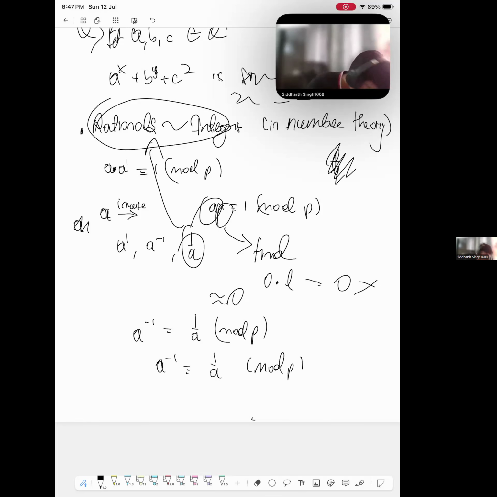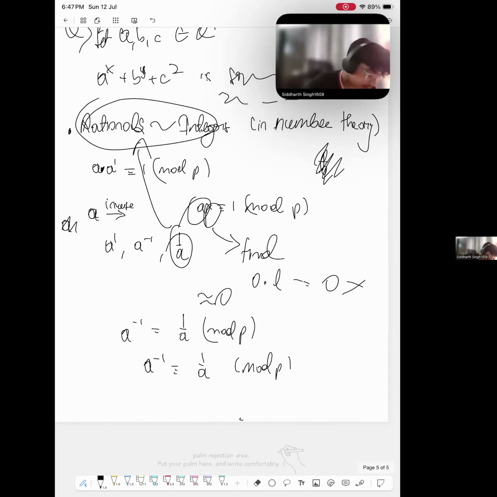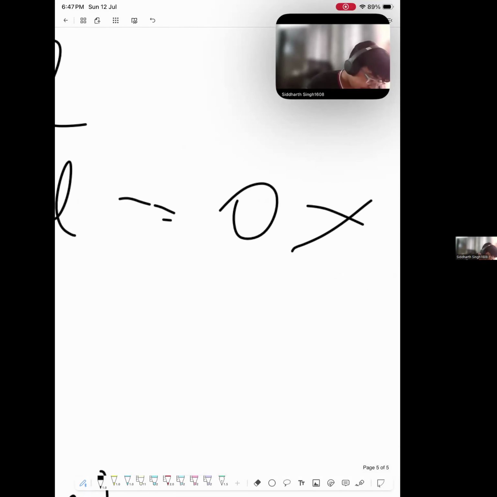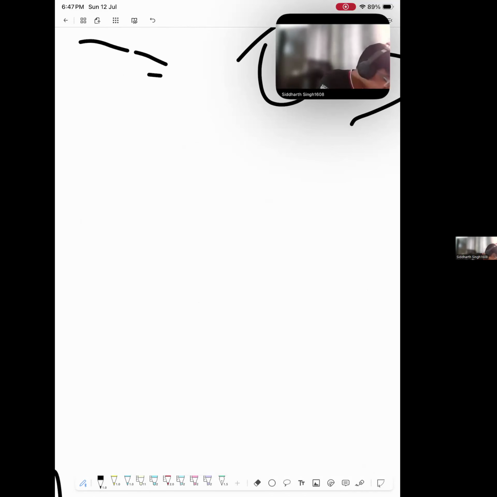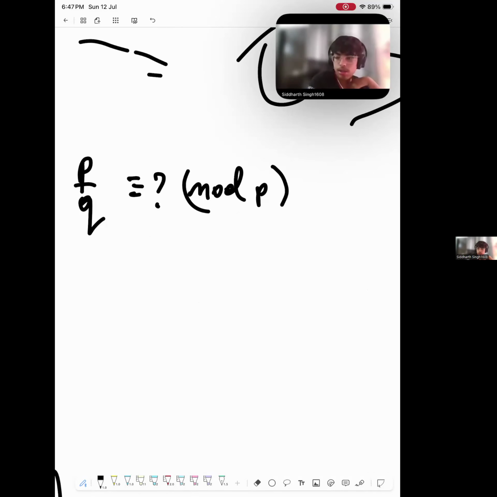Anyways, now consider any rational number, say p by q. What is it congruent to mod p, using the discussion from before? Okay, I'll just write this down.